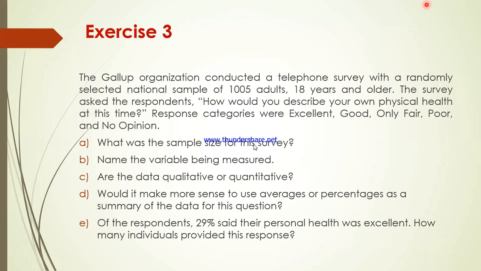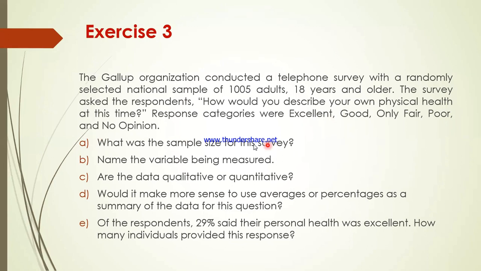Then for the next thing, what is the measurement level? Is it ordinal, nominal, interval or ratio? It is ordinal here because we can compare. If we rate our health status as excellent, and someone else rates as good, then we can say the person who has the status of excellent has a very good health status compared to the person who rated as good.